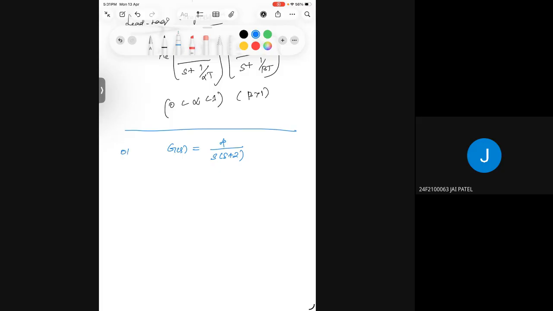So this is an open loop transfer function, as it has only G(s). The question is: it is desired to design a compensator.